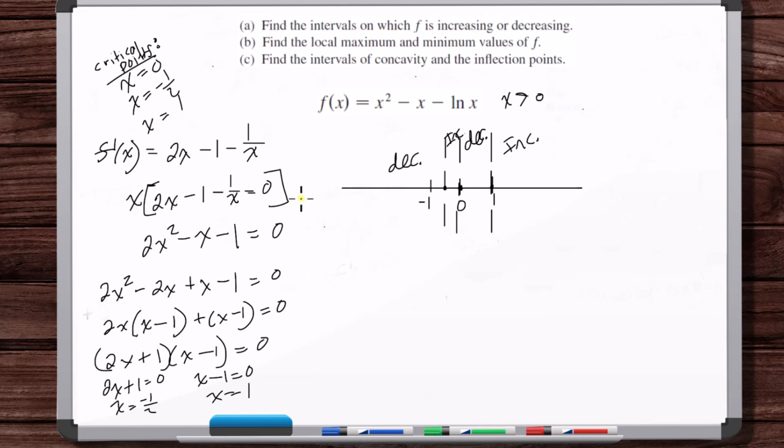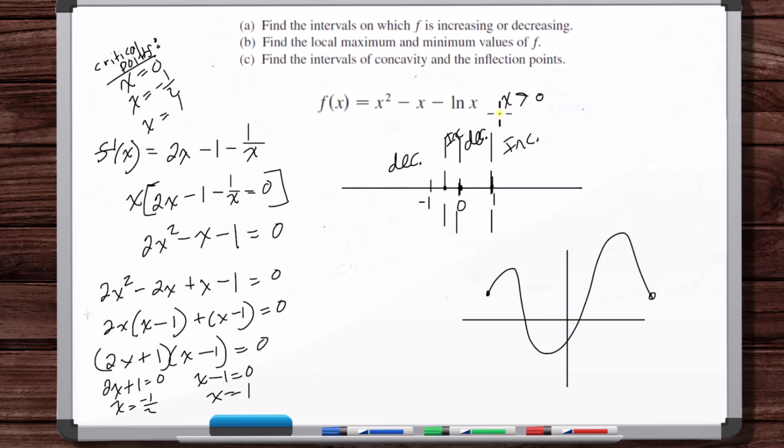And what do I mean by that? Well, the way we've been going about it, we've been given an open interval or closed interval, and we're analyzing it that way. We don't consider the endpoints when it comes to local maxes and mins or critical points. Endpoints are not critical points.